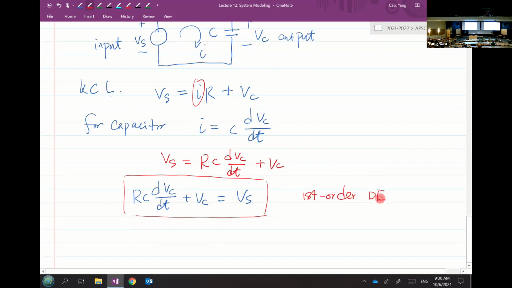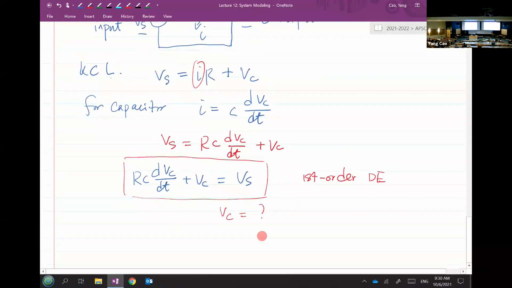This equation contains the input Vs and the output Vc. We can solve this first order differential equation, and we'll see that later. We can get a solution for Vc, and you'll see how Vc changes.